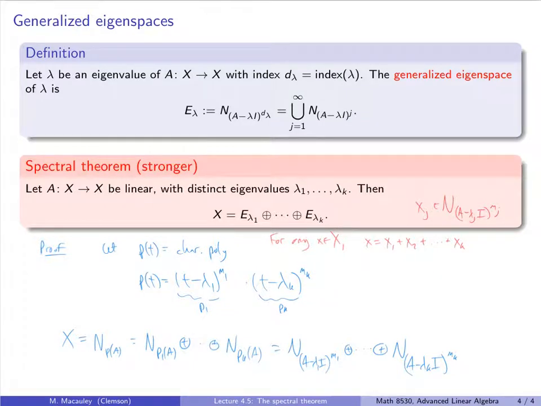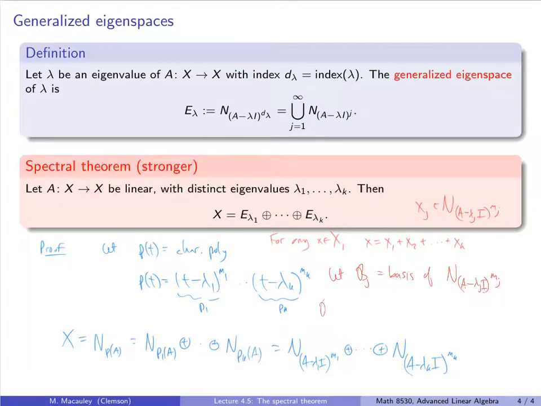Now I should actually finish with one comment. My original statement of the spectral theorem said there's actually a basis of generalized eigenvectors. And let me write out what that basis is. Let Bj be any basis of the null space of (A minus lambda j I) to the mj.